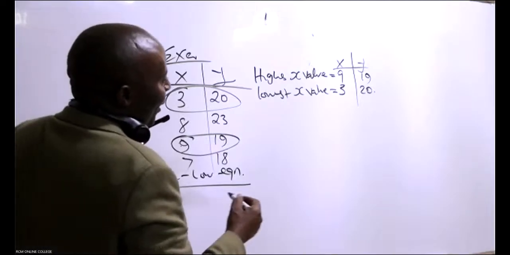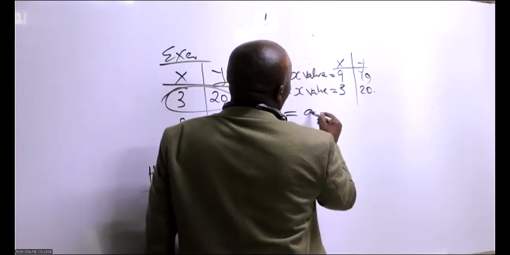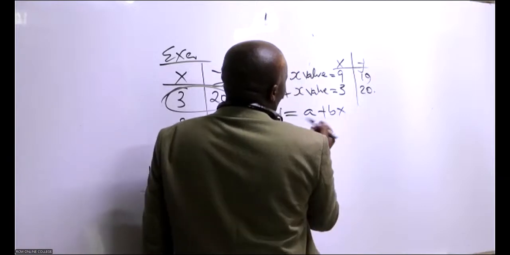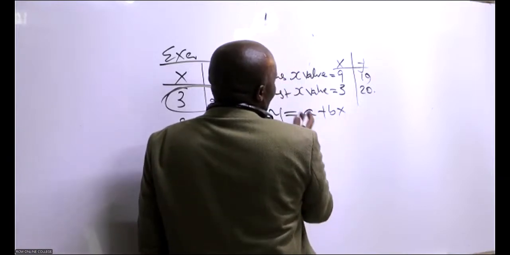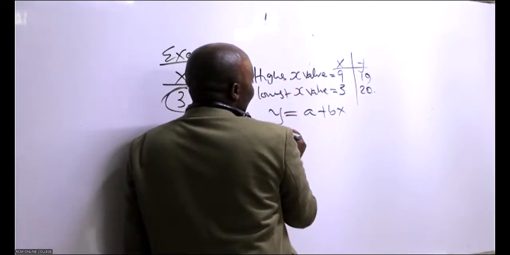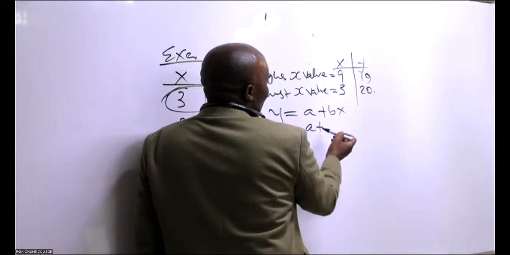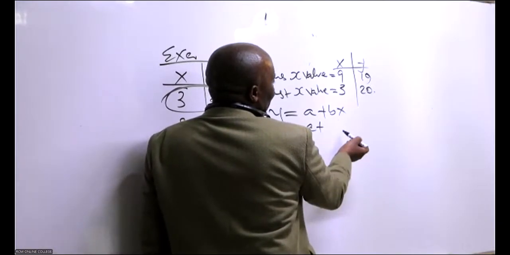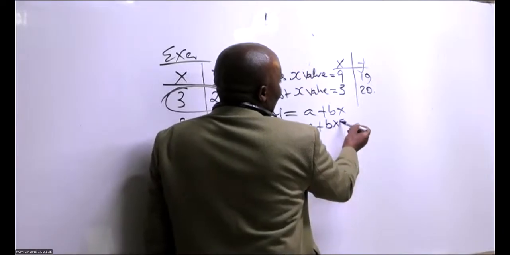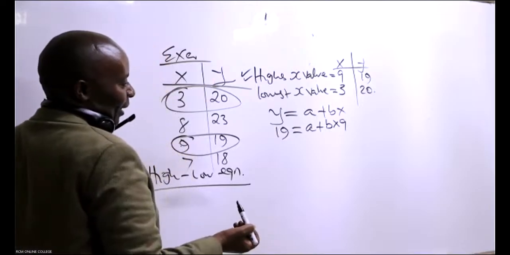Yeah, then you go ahead and form equations. So we have our equation being y equals a plus bx. Two simultaneous equations. We start with the highest. So the highest, what is the y? 19. Equals a, which I do not know, plus bx. So b times what here, somebody? 9. 9, isn't it?